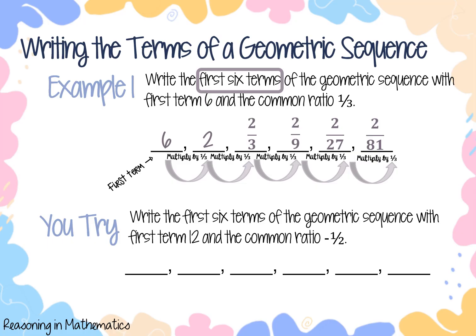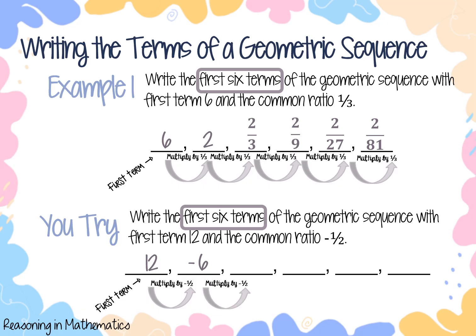Try it on your own. Write the first 6 terms of the geometric sequence. The first term is 12. The common ratio this time is -1/2. So we're going to multiply by -1/2. 12 times -1/2 is -6.